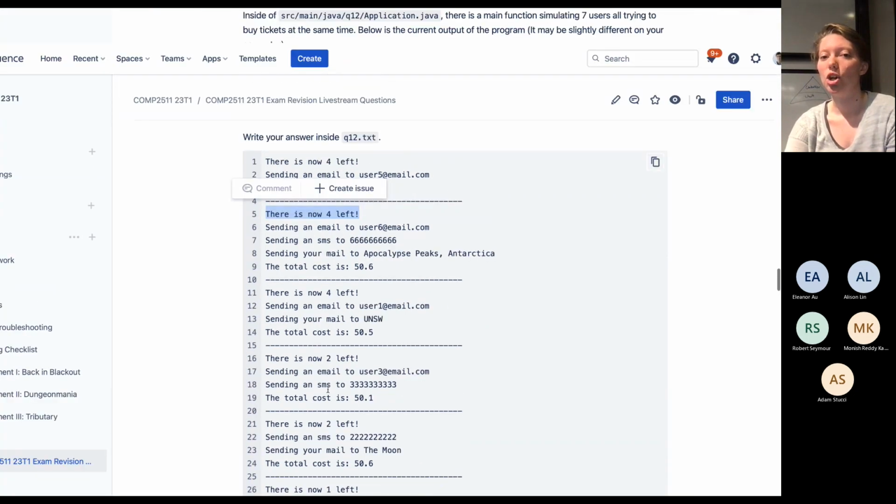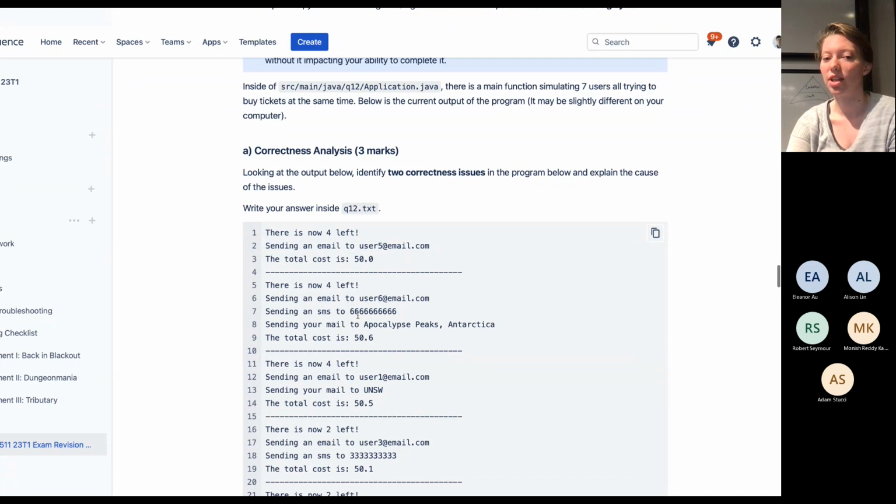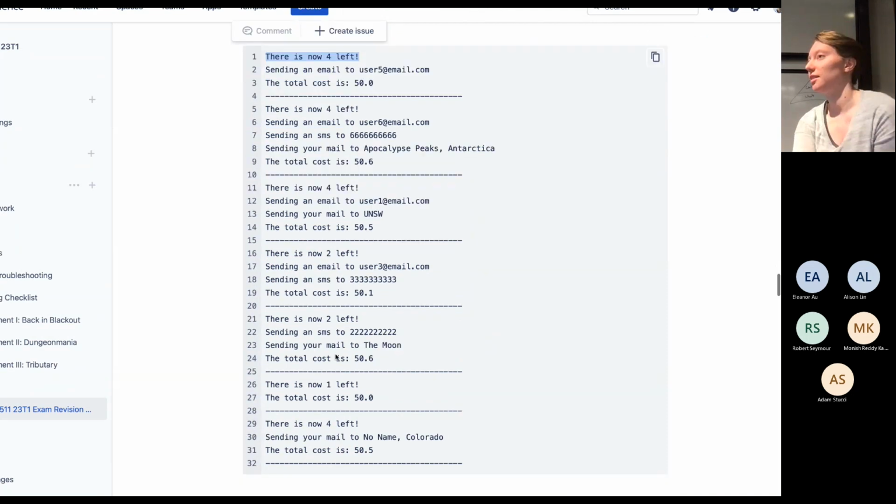And then the second issue, there would be a lot of correct examples. But you can see that there's only 5 tickets available because once we've sold 1, there's 4 left. And we've sold 7 tickets.